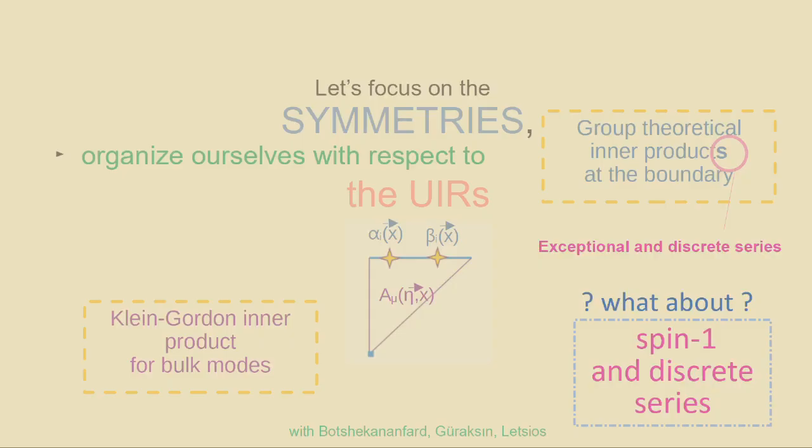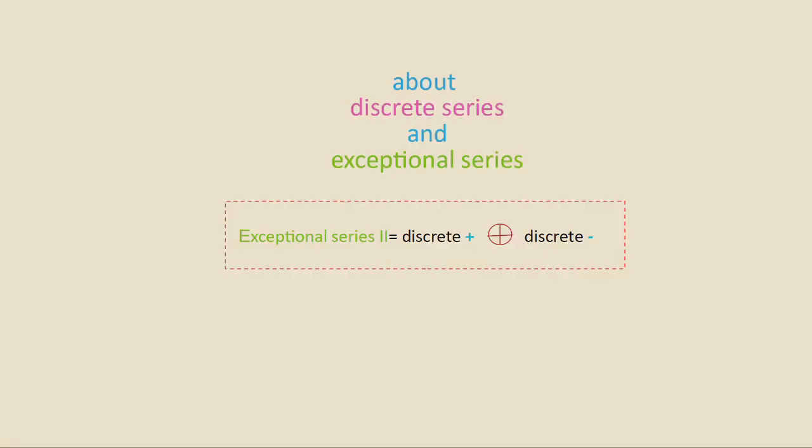One motivation for going off to non-trivial spin is that vector fields, we know these are gauge fields, so we expect to see more and more examples of discrete series here. So now we want to track down discrete series, and we set our questions with that motivation. But one thing known about discrete series is they arise as what one of the types of exceptional series break down into.